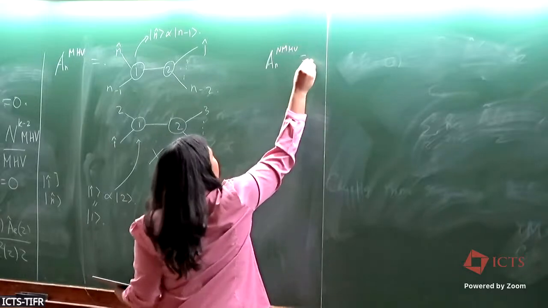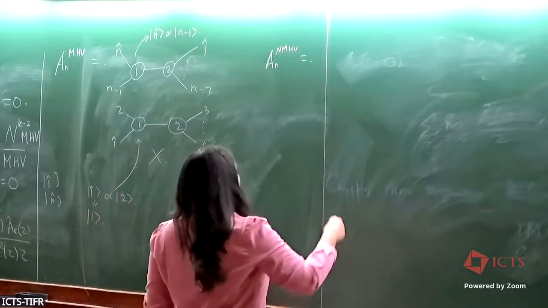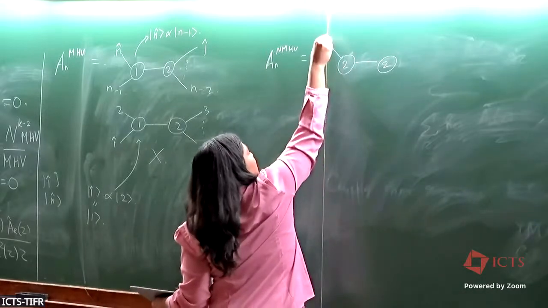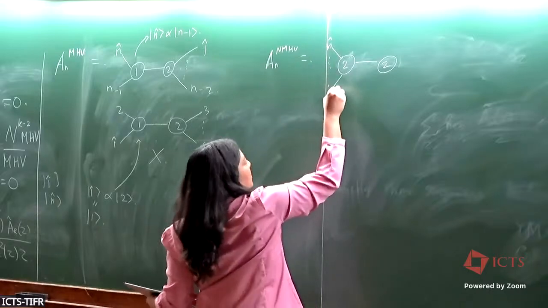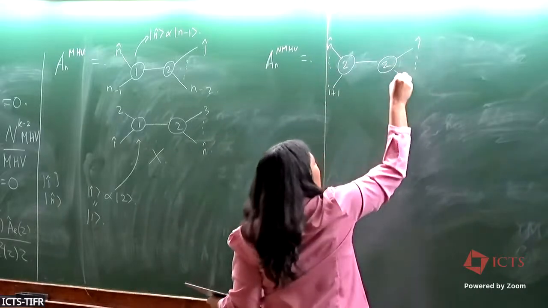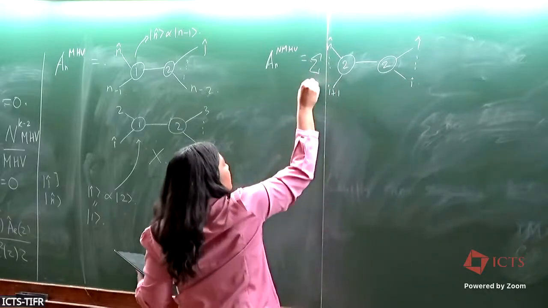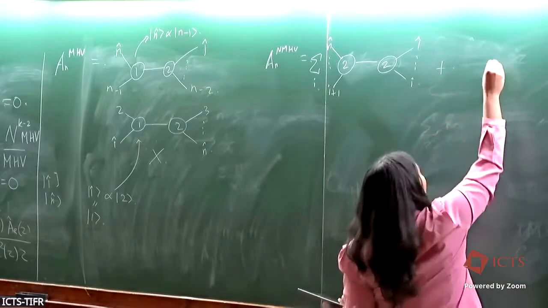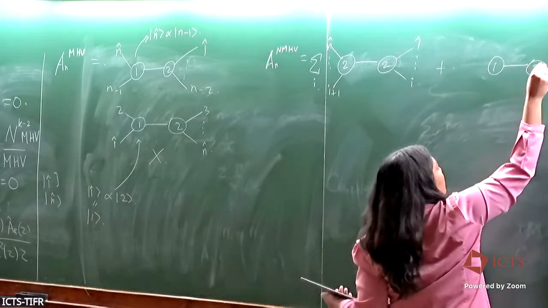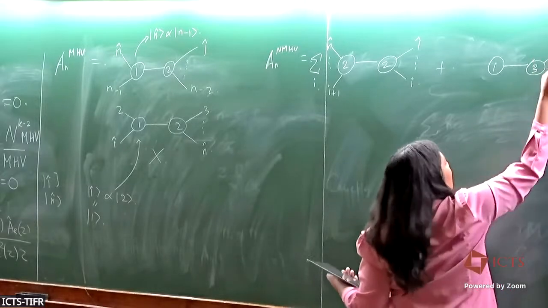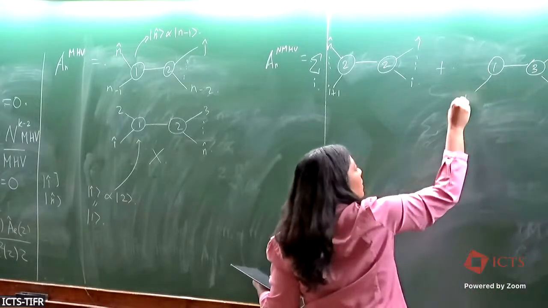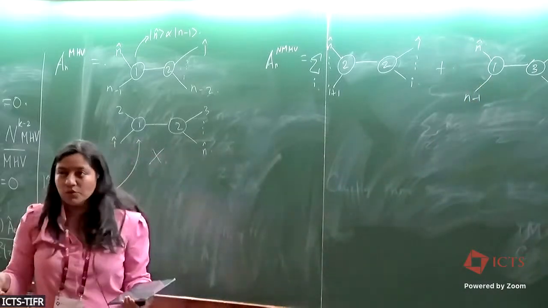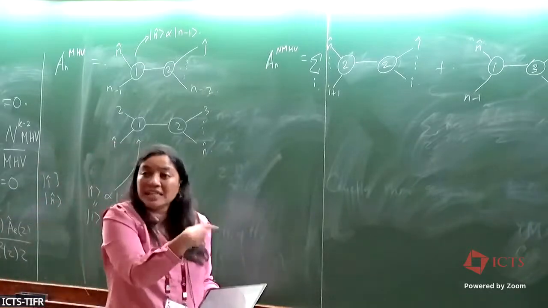NMHV has a contribution that looks like 2 MHV amplitudes, I plus 1, I, summed over I. And it also has, as we saw before, one contribution of this kind, where you go from 1 to n minus 2, n minus 1, n hat. So there's two types of contributions, but many, many more terms.